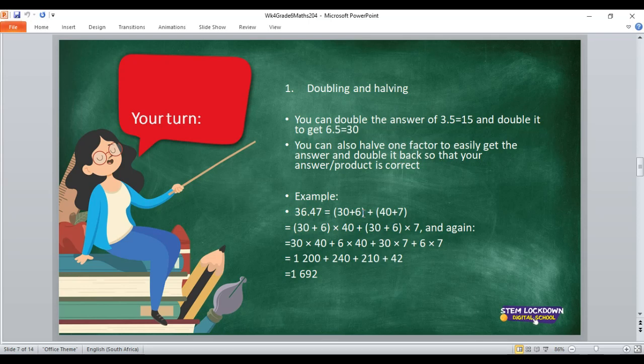So here our answers: 30 multiplied by 40, we have 1,200. 6 multiplied by 40, we have 240. 30 multiplied by 7, we have 210. 6 multiplied by 7, we have 42.